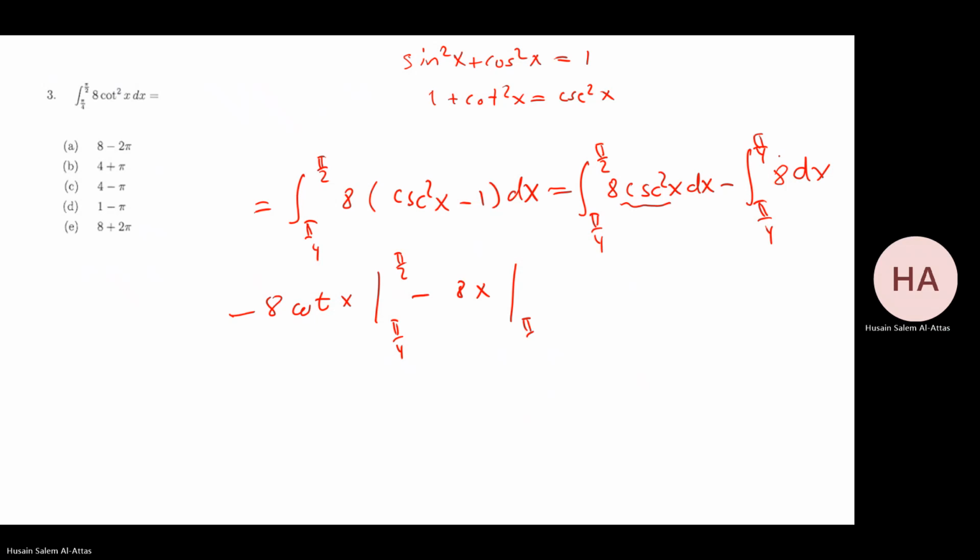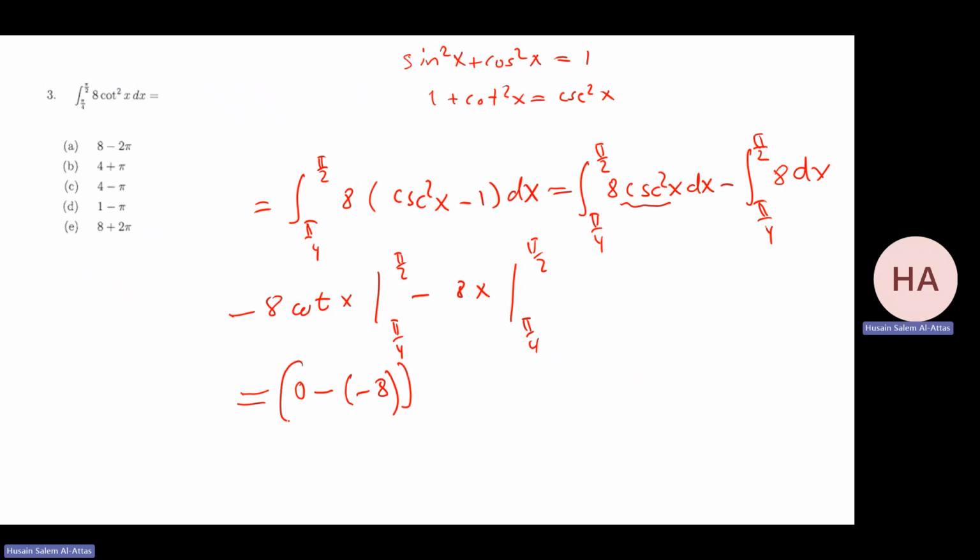This is from pi over 4 to pi over 2. Cotan pi over 2 is what? Cotan pi over 2 is cosine pi over 2 over sine, and cosine pi over 2 is 0. So that will be 0 minus cotan pi over 4, which is minus 8.